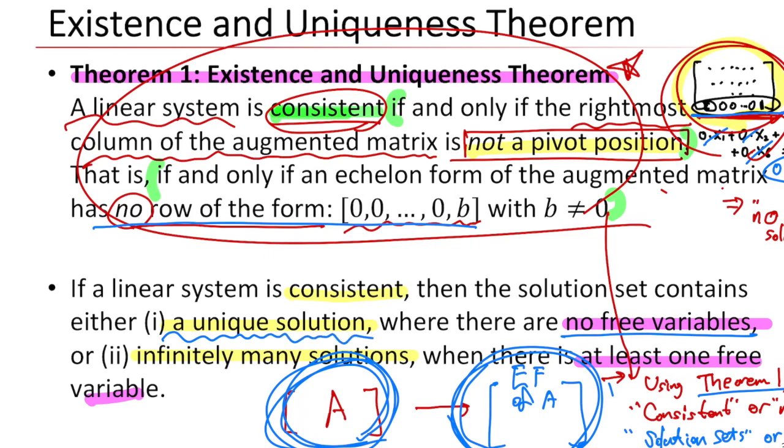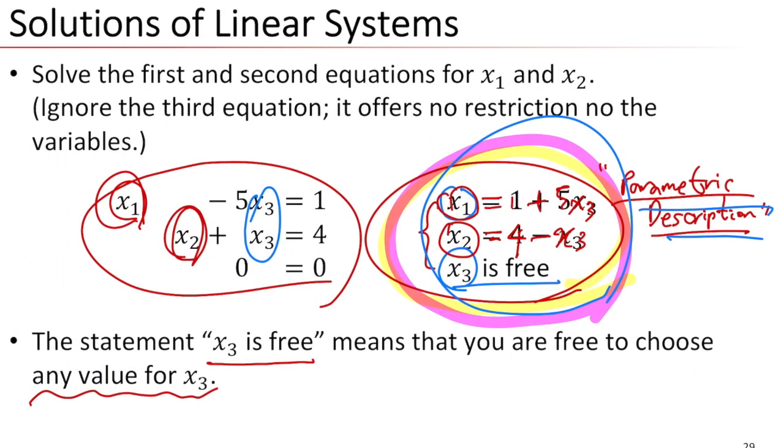And if there is at least one free variable, we can say that there are infinitely many solutions, like this example. Because we can choose any value of the free variable x3, and x1 and x2 will be determined by x3, so there will be infinitely many solutions, right?